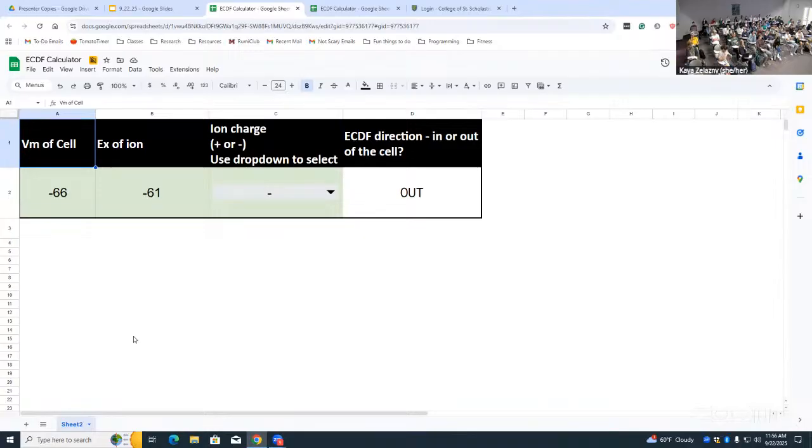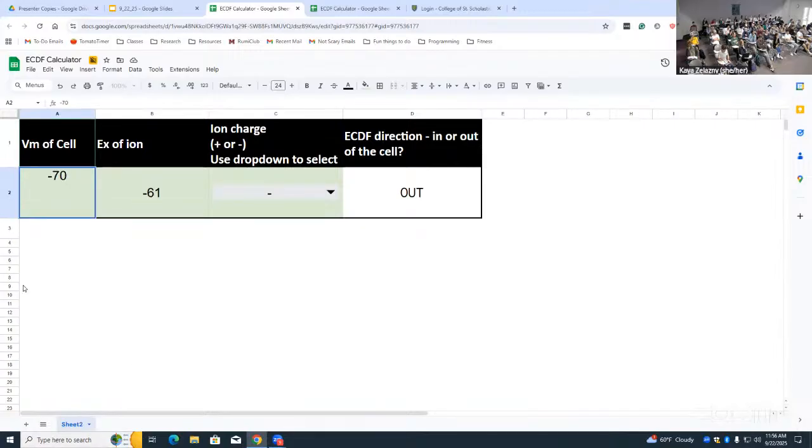But it's the kind of thing where once you get it to click, it clicks. But in order to get it to click, you might need to go through lots and lots of examples. So I've made something where you can type in an existing membrane potential of a cell, right? So in this case, -70, right?